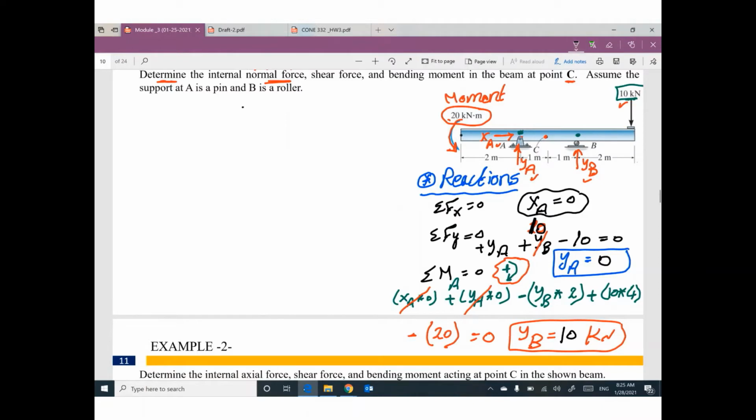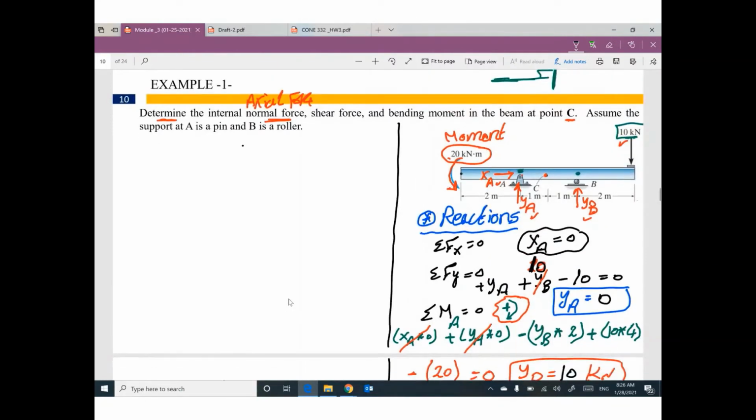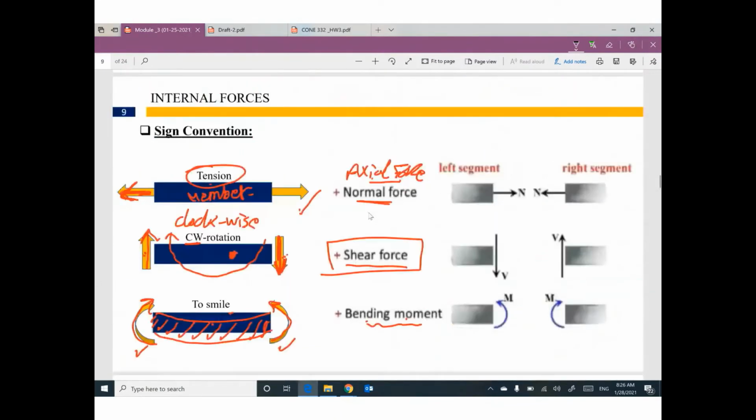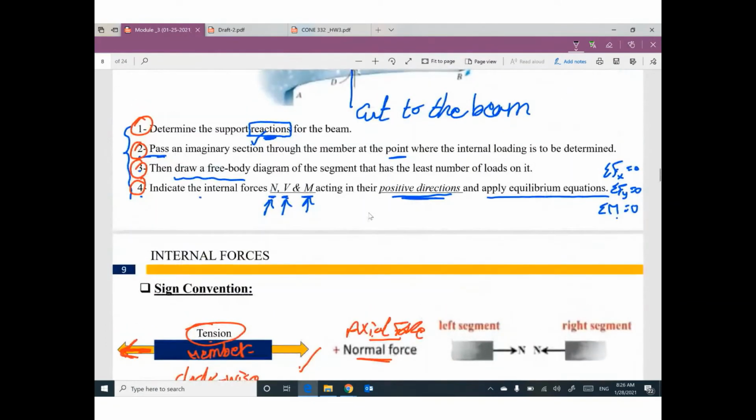So the first step in your problem, you have to calculate reactions. And believe me, if your reactions are wrong, everything will be wrong. Next step, we need to pass an imaginary section to cut the beam at the specific point.